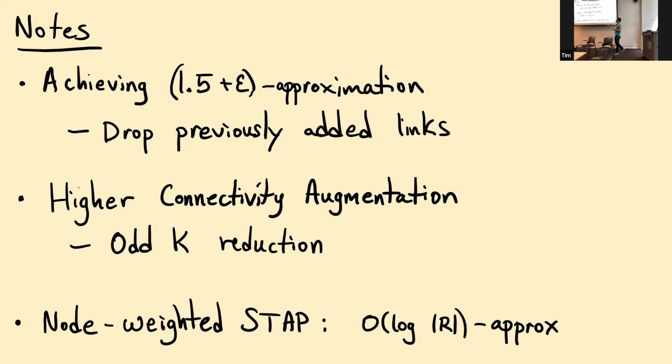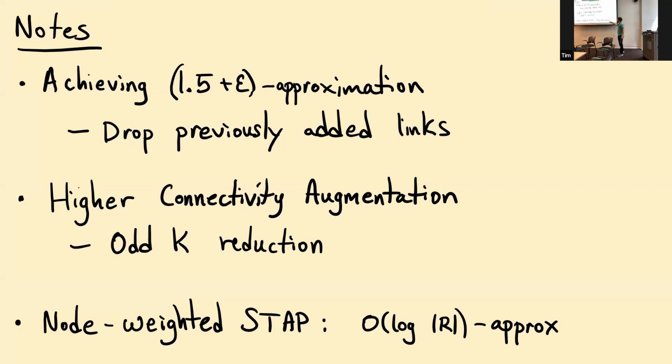That reduces to Steiner tree augmentation problem, as opposed to just augmenting a k edge-connected graph to a k+1 edge-connected graph just by adding in links. Okay, so now you can use nodes in the augmentation.